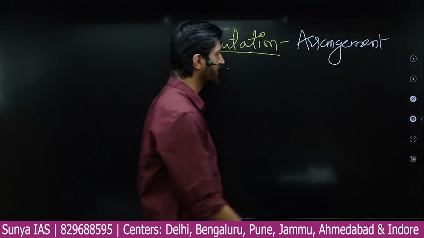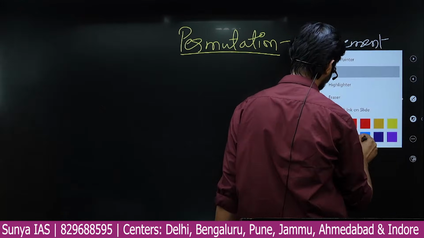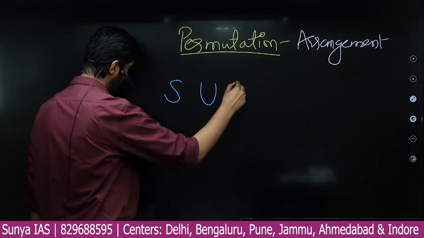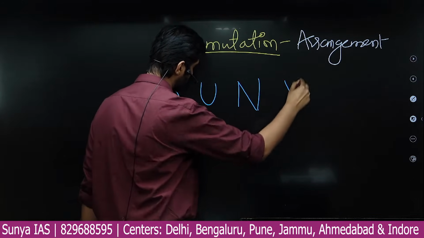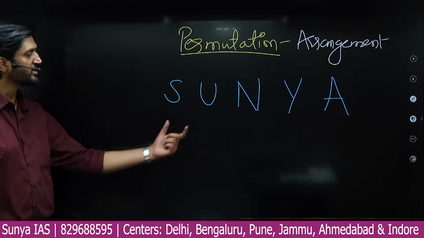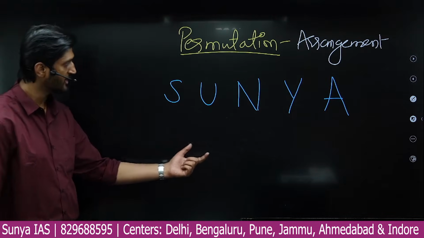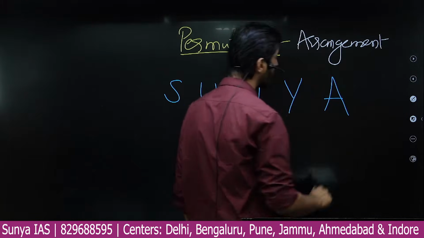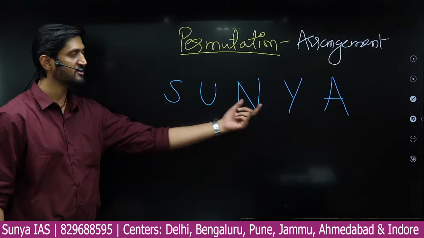Suppose, for example, let's say we have the 5-letter word Sunya, which is nothing but the name of our institution. And if someone says in what different ways you can arrange these alphabets of the word Sunya to create different words without any repetition of these alphabets.